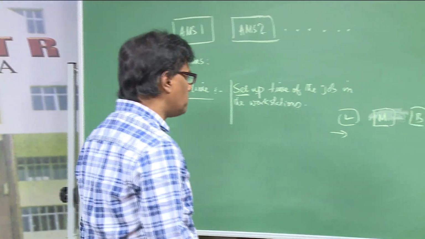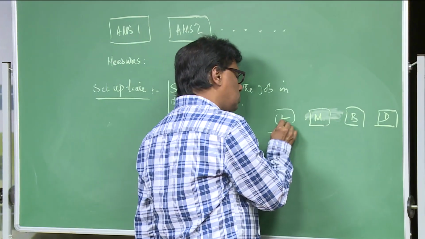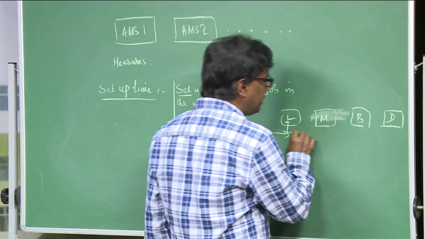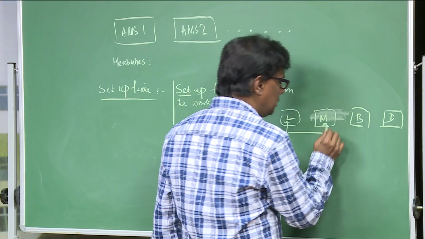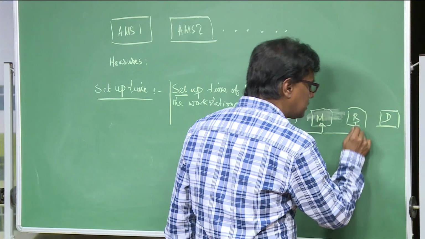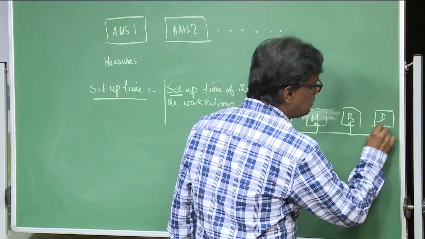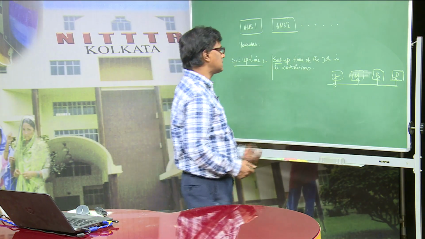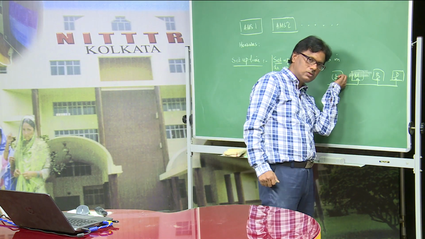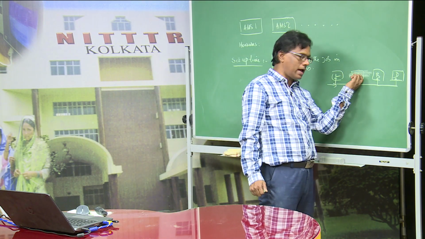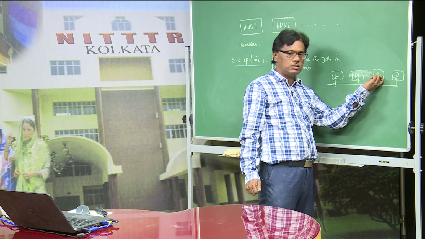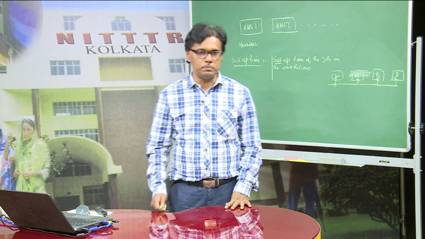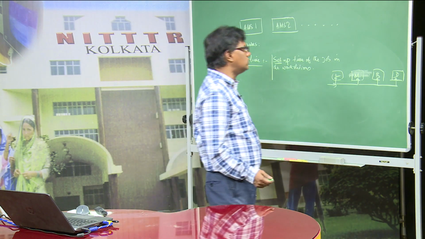I have to set up the job on the lathe machine. Once this operation is over, it goes to the next machine, and then the next. So, total setup time is the summation of the time in this machine tool plus this tool plus this tool plus this machine tool. So, how to reduce it?